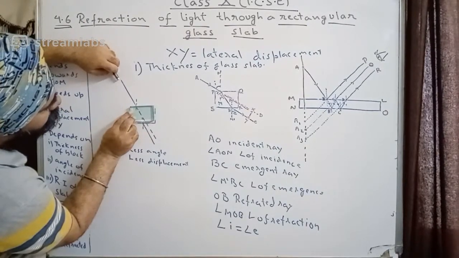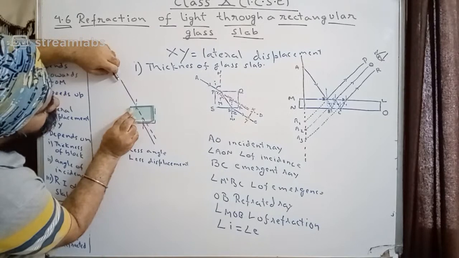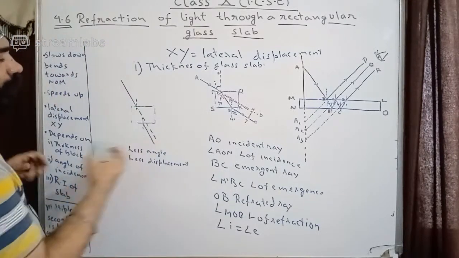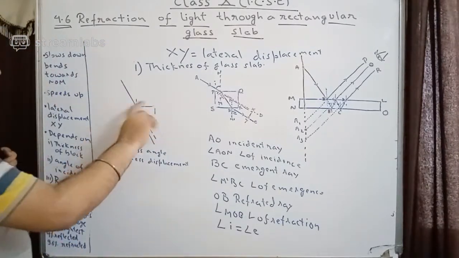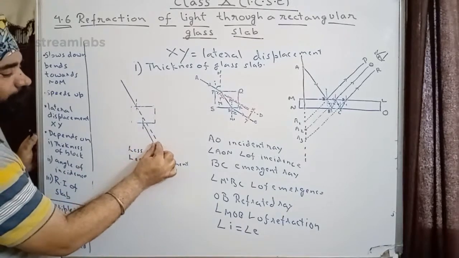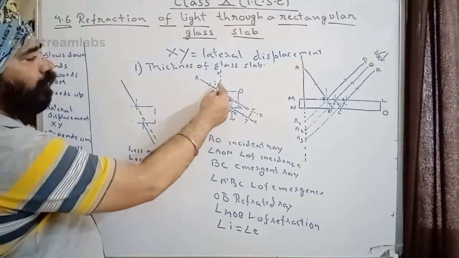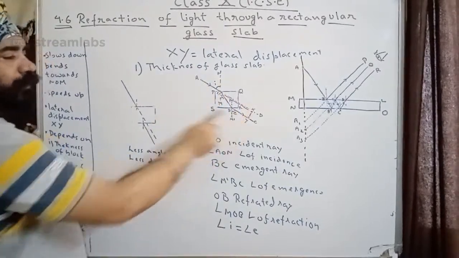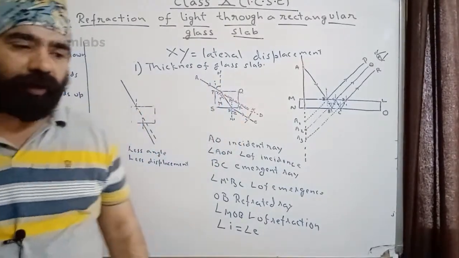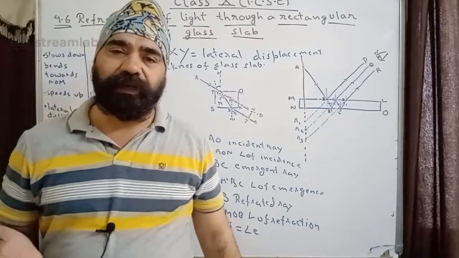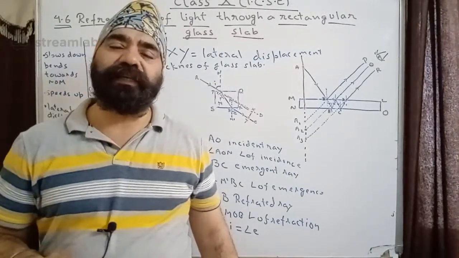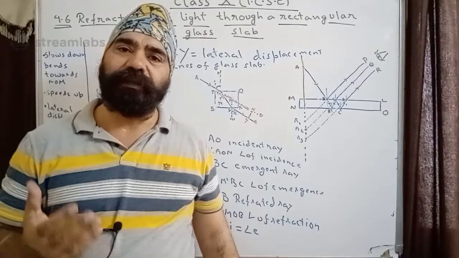Here the angle of incidence is less and the lateral displacement also is less. Now it is less than 5 centimeters, and there the angle of incidence was greater, so the lateral displacement was around 14 centimeters, much greater. So the greater the angle of incidence, greater is the lateral displacement.